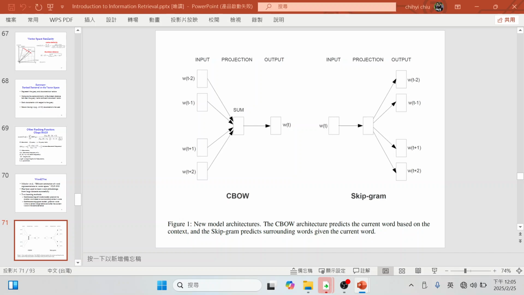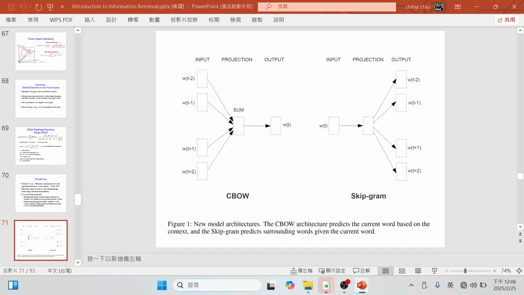Just tell us your answer. Which one do you think is better? The right side, skip-gram. Why? Because I'm just guessing. No reason. Okay, based on your intuition.